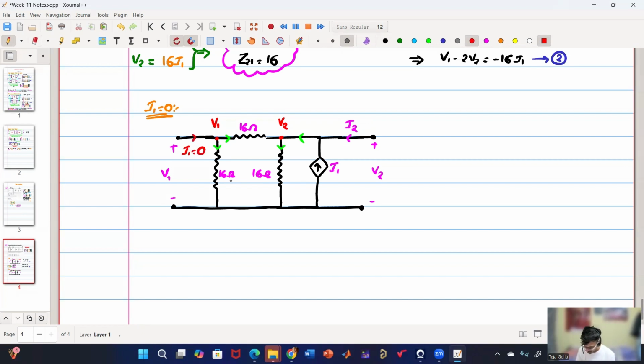Okay, so now you know that this doesn't have any value, right? So I can simply erase this. Okay, so now I have to calculate again V1 and V2.